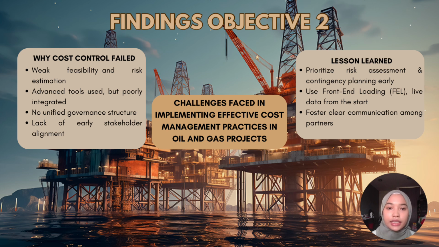Therefore, the case study illustrates how real site conditions such as unfavorable environments, poorly aligned government institutions, and inadequate planning systems undermine the efficiency of cost management in practice. So, methods like FEL, live data monitoring, and scenario planning must be used from the start. The project also identifies the importance of good communication and combined cost control systems, particularly in addressing multiple international stakeholders.